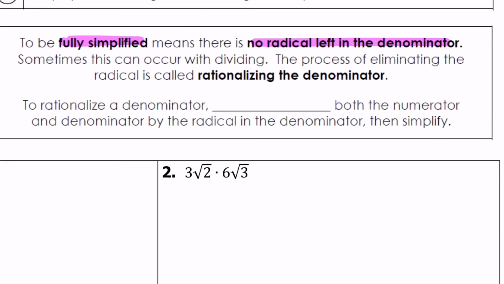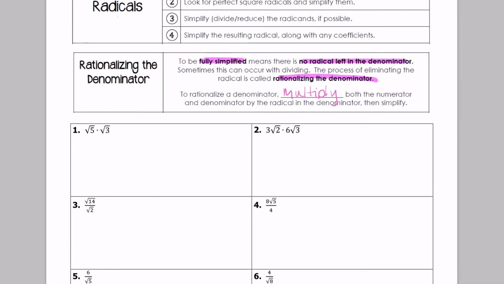This can sometimes occur when we're dividing. So the process of eliminating that radical is what we call rationalizing the denominator. Okay? So in order to rationalize the denominator, you multiply both the numerator and the denominator by the radical in the denominator and then simplify. And I'll show you down here in just a second what we do with that.